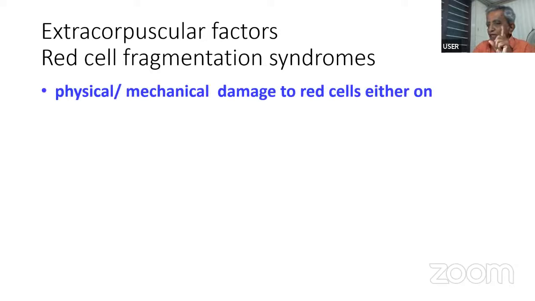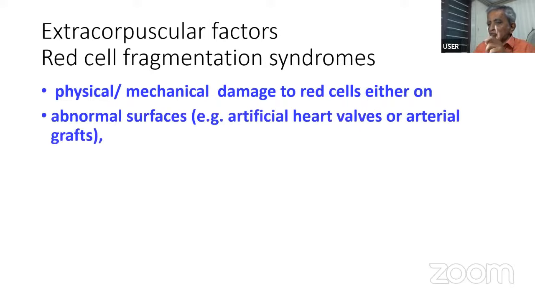It may be a physical or mechanical damage to red cells on abnormal surfaces. For example, you have an artificial heart valve, a mechanical heart valve in the aortic or mitral position, and the RBCs are going to hit it. It is not the usual smooth endothelium. Therefore, they will get lysed.